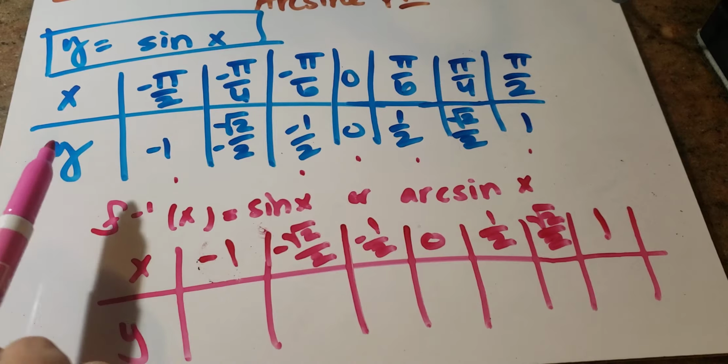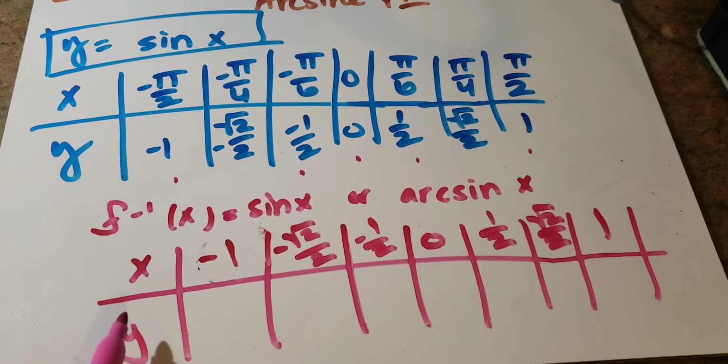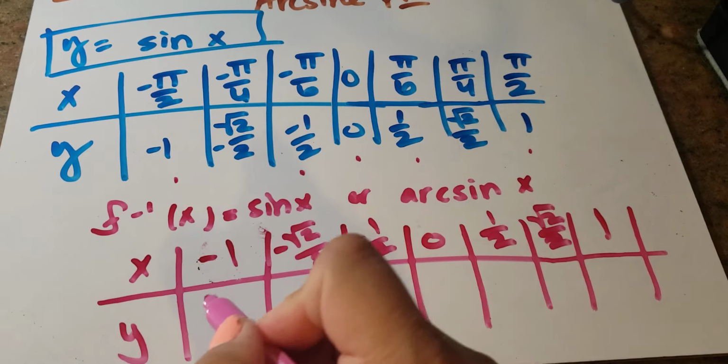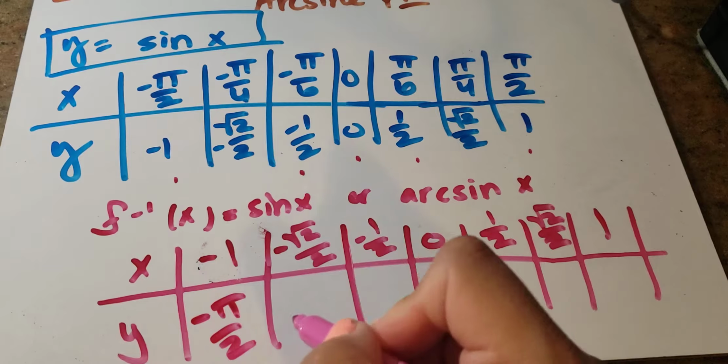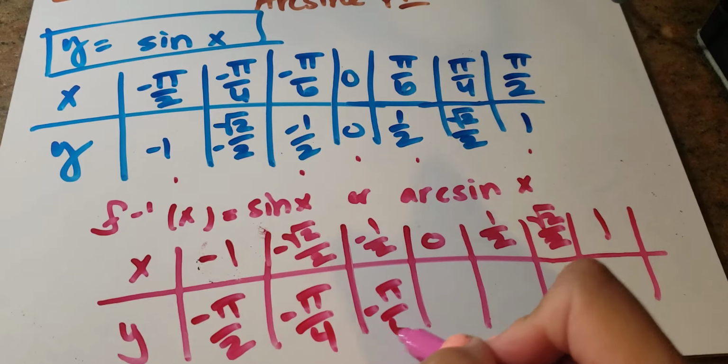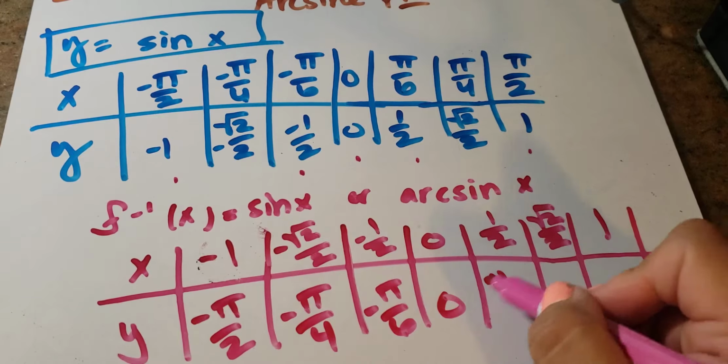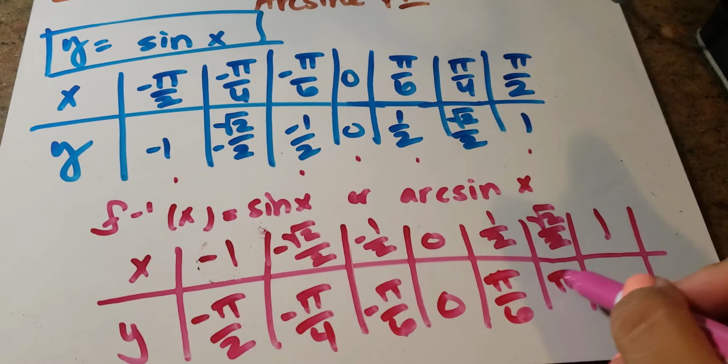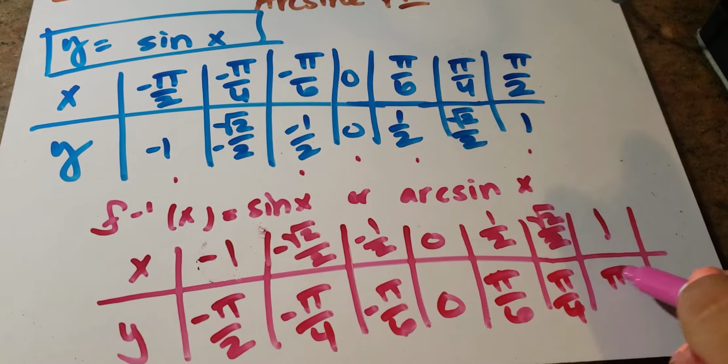Okay, so what used to be your y is now your x. And now as far as your y's, what used to be your x is now going to be your y value. So this would be negative pi over 2, negative pi over 4, negative pi over 6, 0, pi over 6, pi over 4, and pi over 2. Okay?